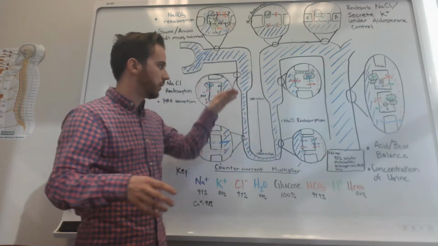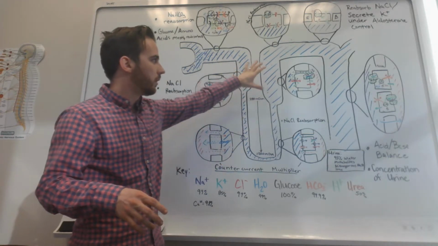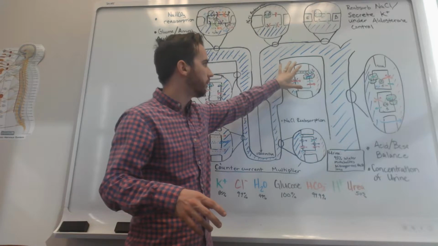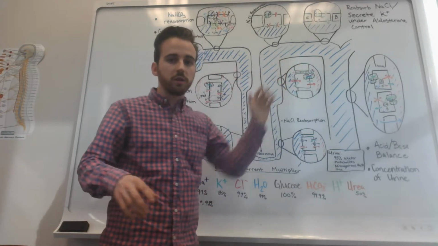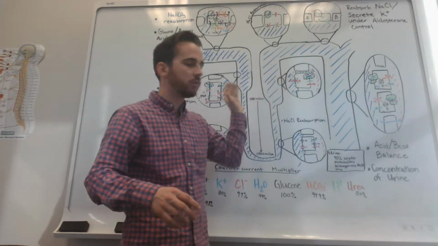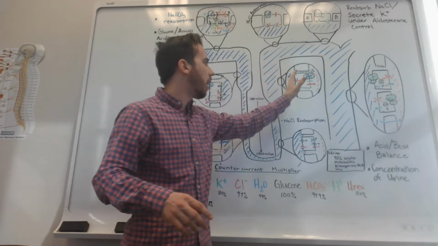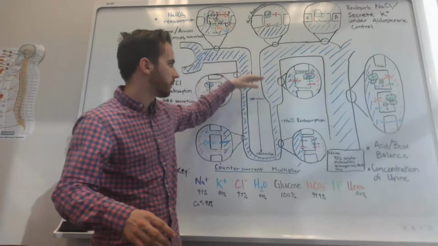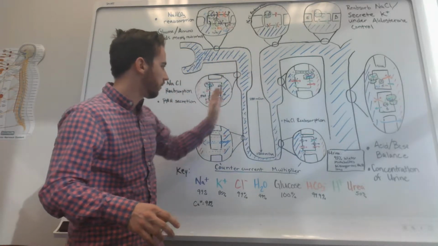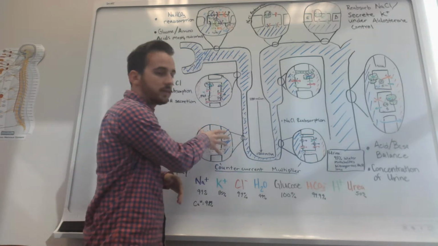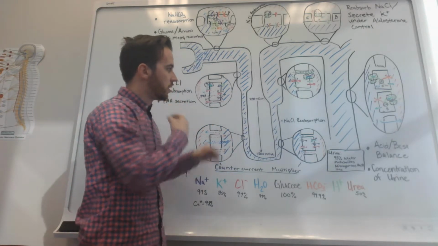What ends up happening? Okay, so the distal or the thick ascending loop of Henle works to pump solutes out. Okay, so it's going to pump solutes out into the interstitial space here, and the water is going to kind of follow from our thin descending loop of Henle.